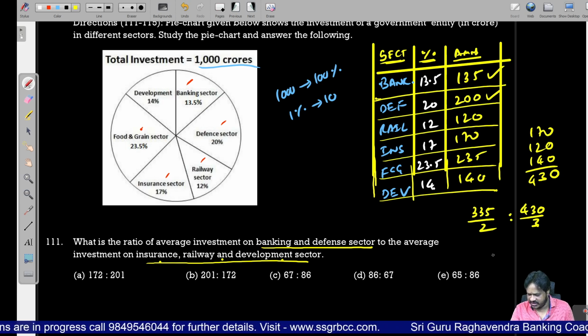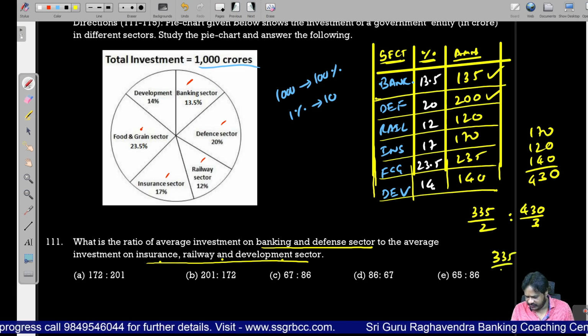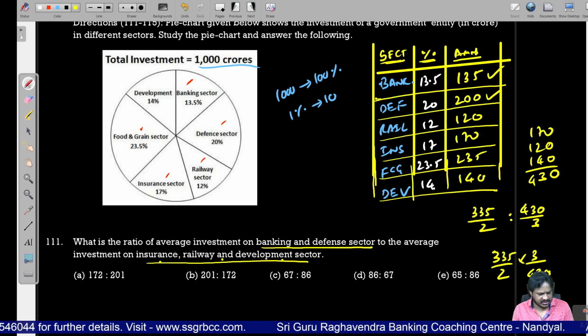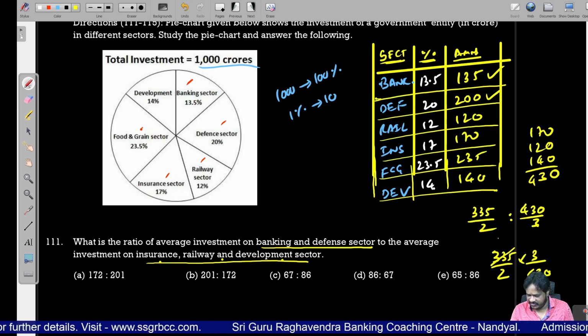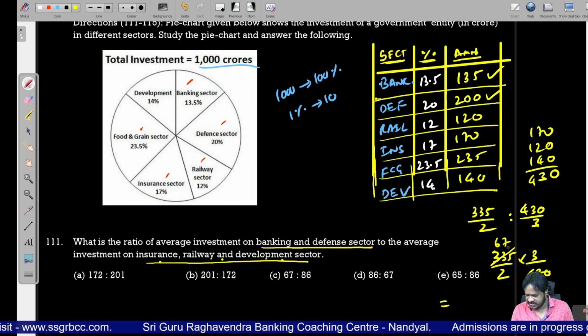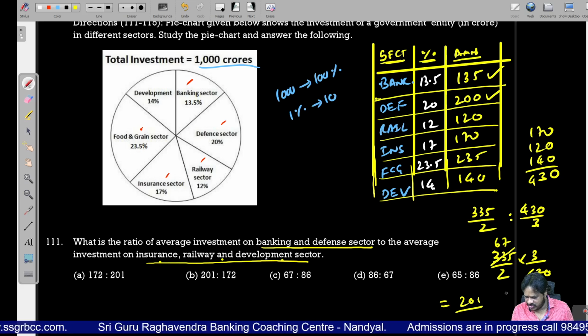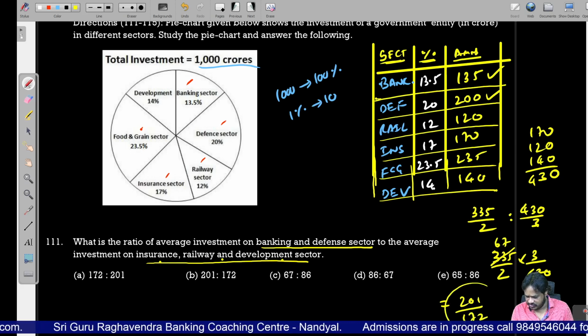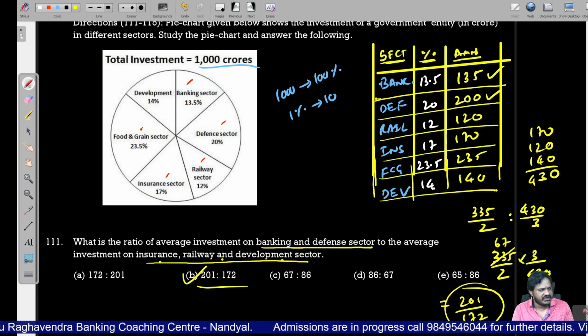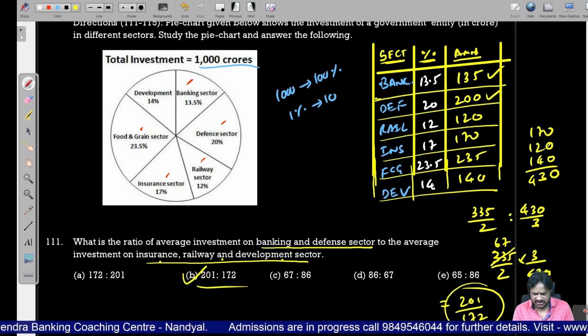We have to find this ratio: 335 by 2 into 3 by 430. Let us do the calculation with 5: 67 into 3 is 201, 86 into 2 is 172. The answer is 201 is to 172. Option 2.